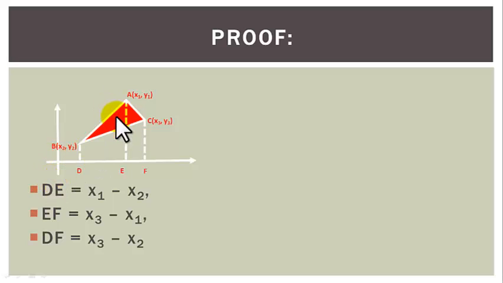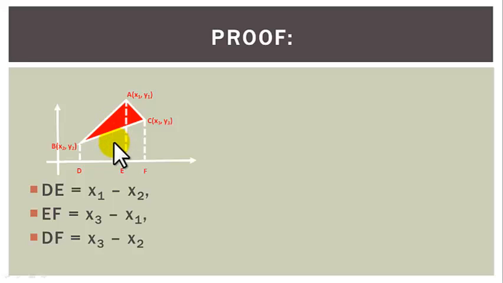Clearly, to find the area of triangle ABC, we have to find the area of these three trapeziums: trapezium ABDE, trapezium ACFE, and then trapezium BDFC. Observe that the first two trapeziums cover the triangle, and if we cut off the other trapezium, we'll have the area of triangle ABC.